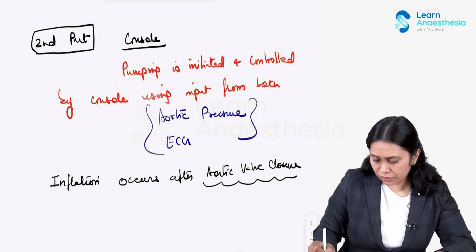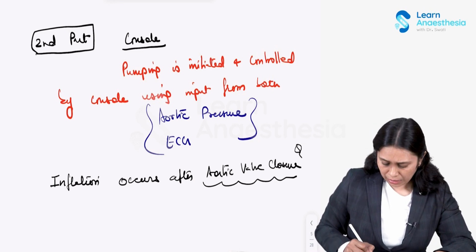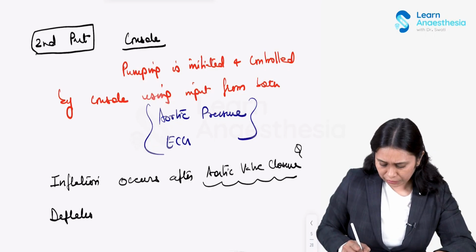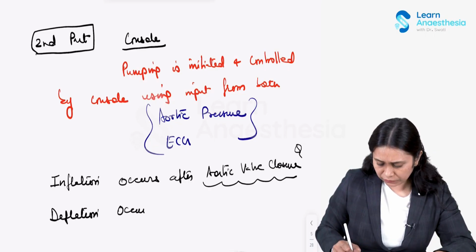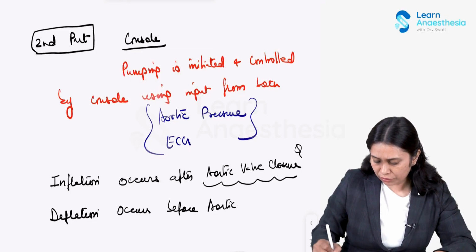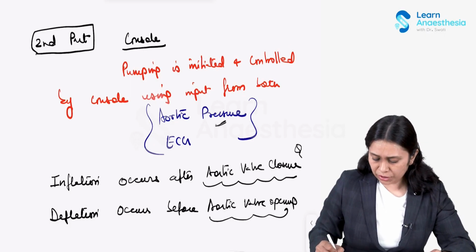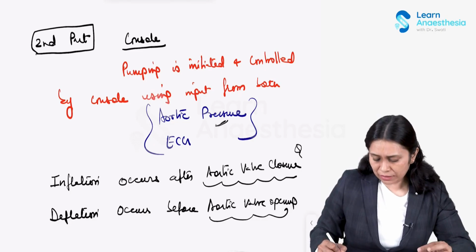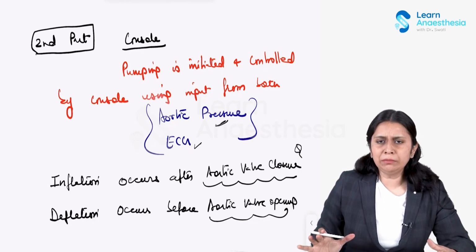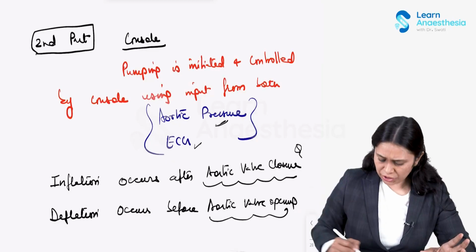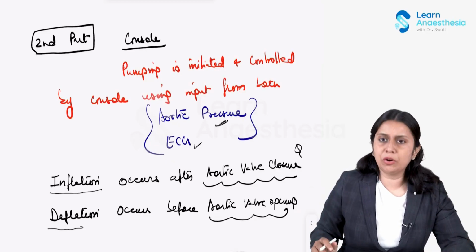Inflation occurs after aortic valve closure, and deflation occurs before aortic valve opening. If I show you the tracing of the aortic pressure graph and the EKG, we can see whether the inflation and deflation is happening at the correct time or not.